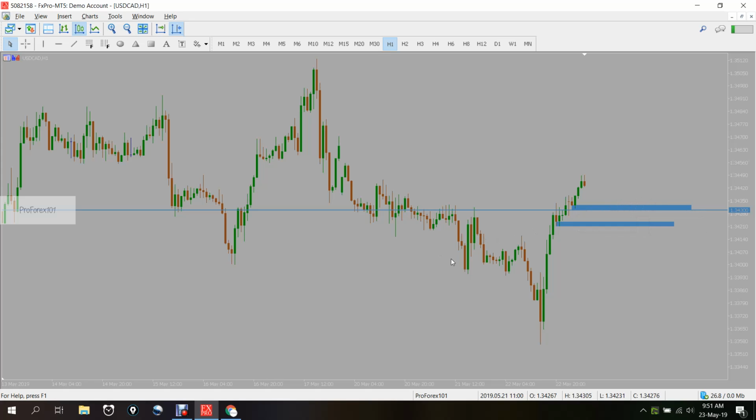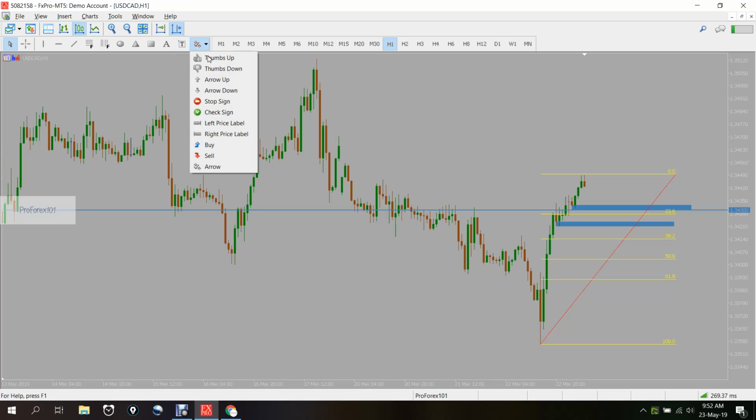You can also try other things, like your fib lines. You can draw from the bottom of the move to the tip, and we can expect the retracements to go to any of these areas on the Fibonacci. But since we've had a look at the support resistance and the demand areas, we can fairly say this is the area that we want to be interested in.